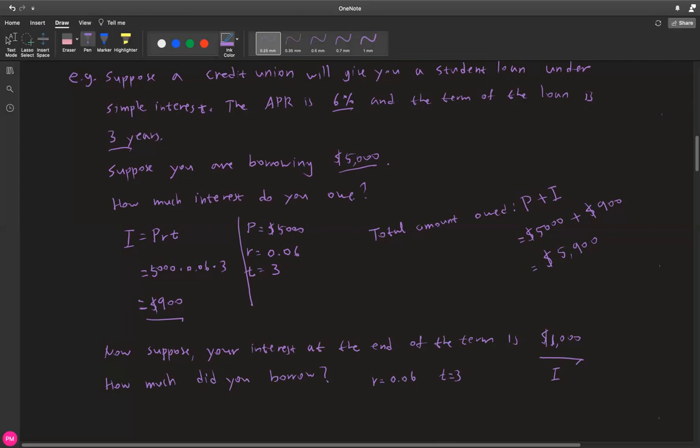So knowing that your interest is $1,000, your APR is 6%, and the term is 3 years, and you're trying to find how much you borrowed. So in other words, this is asking what your principal is.